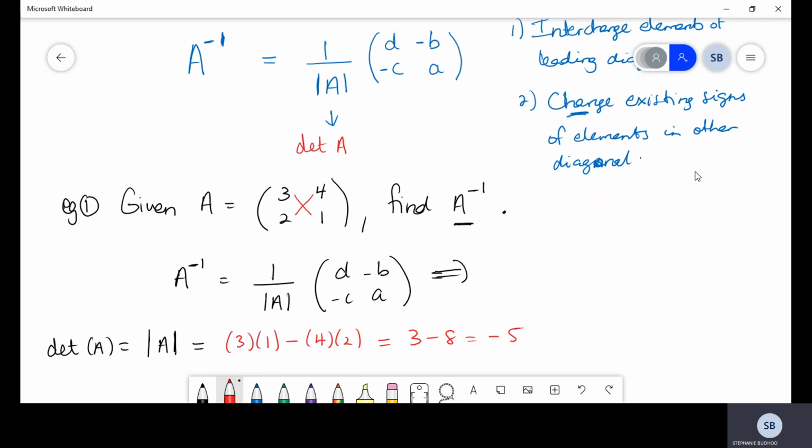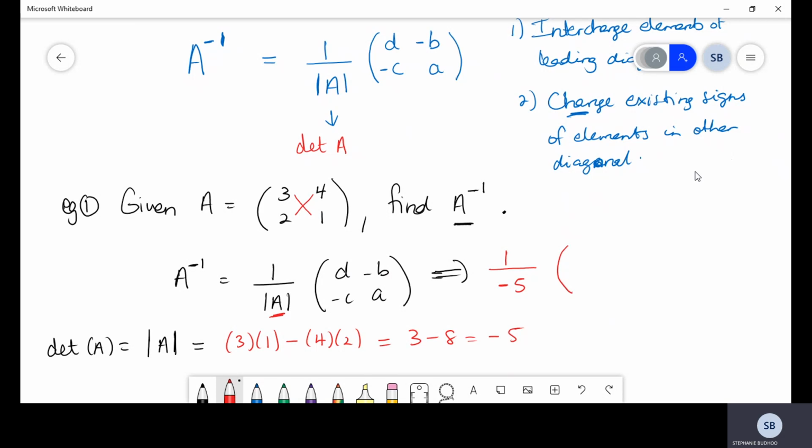Now, we are not finished. We are going to put this into our formula here. So we have 1 over -5 because we have found that the determinant is -5. So we are simply replacing that value into our formula.